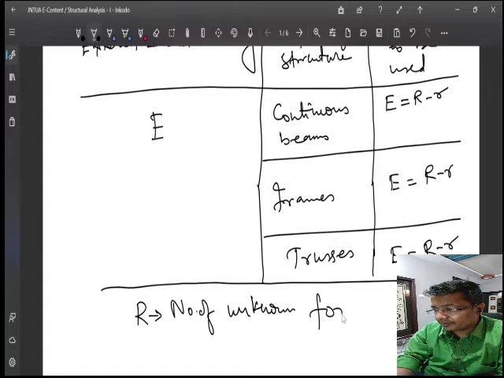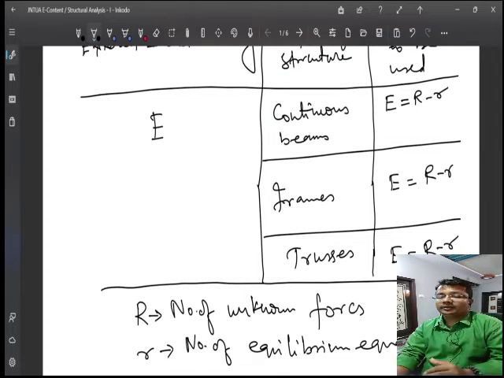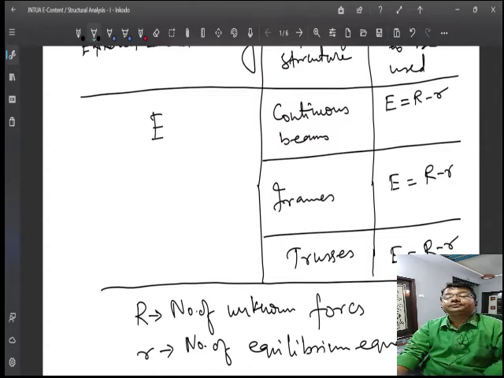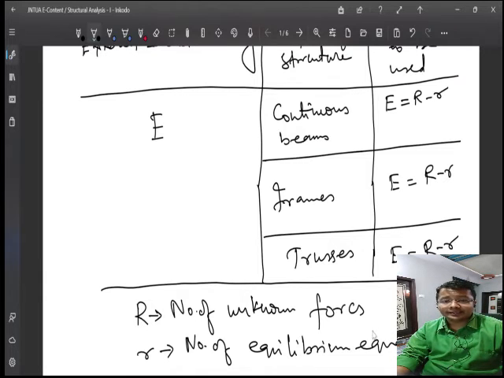Capital R is the number of unknown reaction forces, and small r is the number of equilibrium equations.